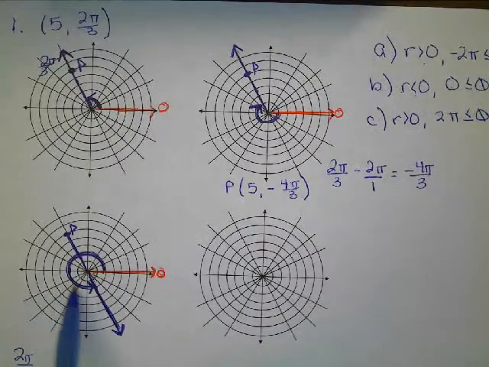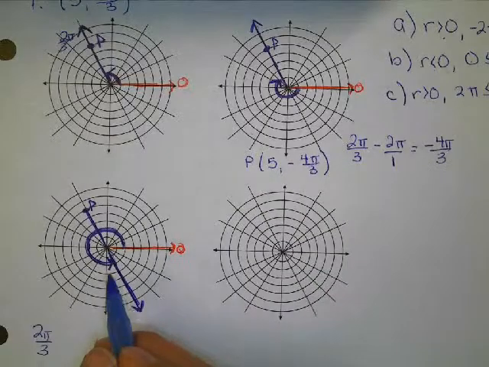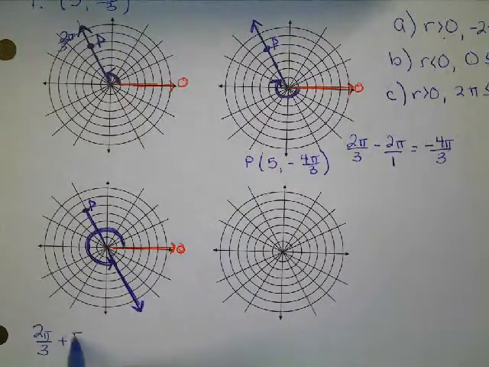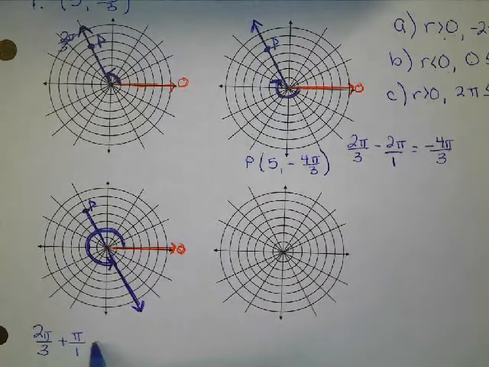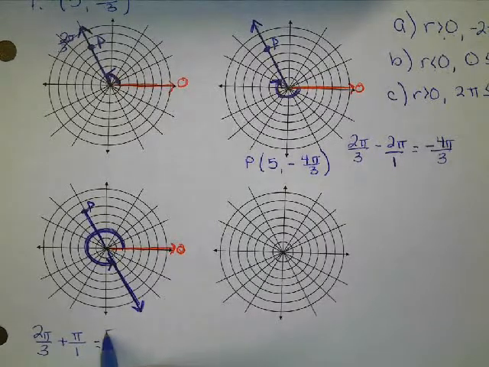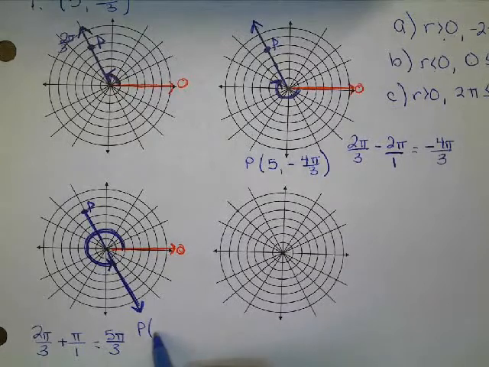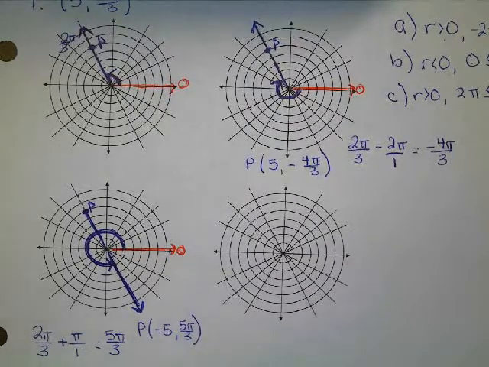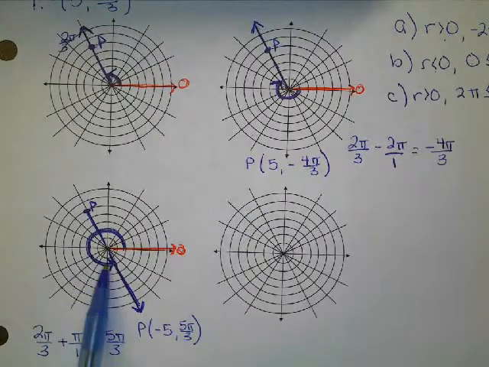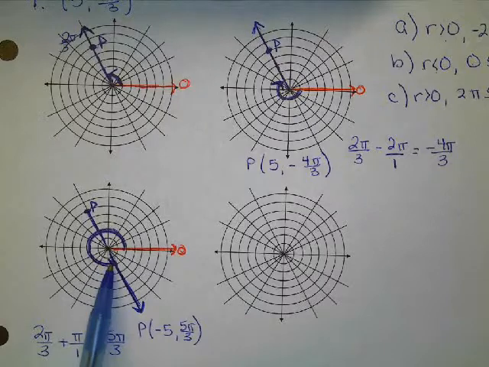And then to get this extra loop right here, that's an extra half of a circle, which is pi. So I'm just going to add pi to this. And after getting a common denominator, it turns out you have 5 pi over 3. So my point is at negative 5 and 5 pi over 3. Again, I just added an extra pi to get around the opposite side here.